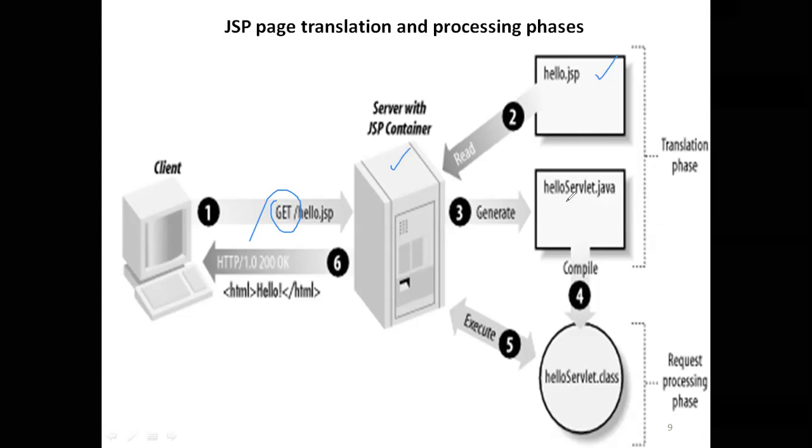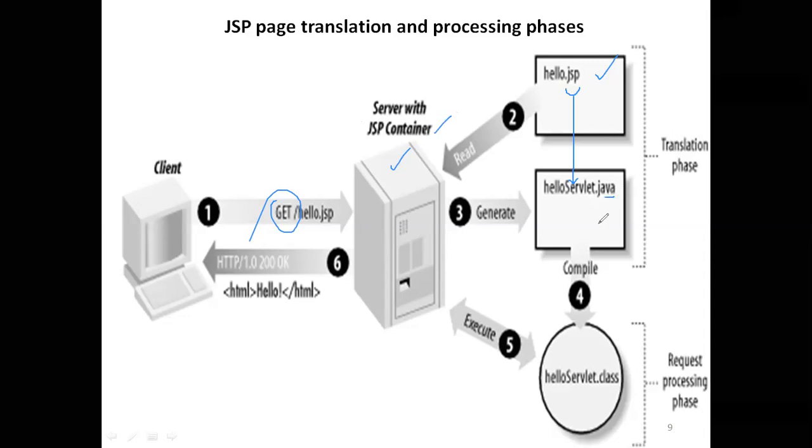That is the first step, called the translation phase. So please understand, the JSP file will be converted into a servlet. Hello.jsp became hello servlet.java. This conversion is automatically taken care of by the JSP container, which is inside your Apache Tomcat server or any other web server.